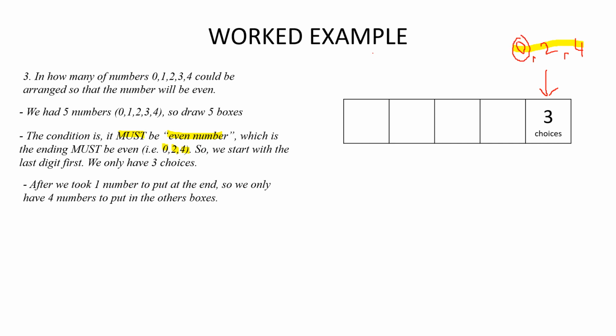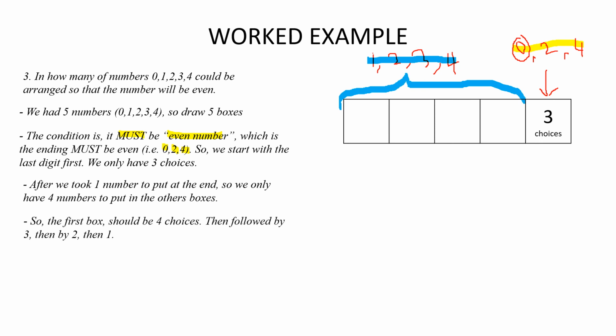So what is left? 1, 2, 3, 4. 4 more numbers that we want to put in the rest of the boxes. So for the first box we have 4 choices, followed by 3 choices, 2 choices, and 1 choice as we did before.